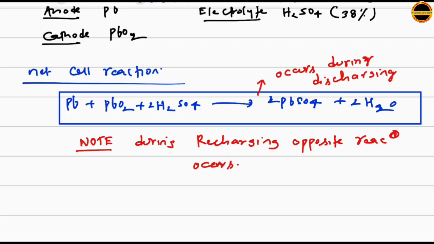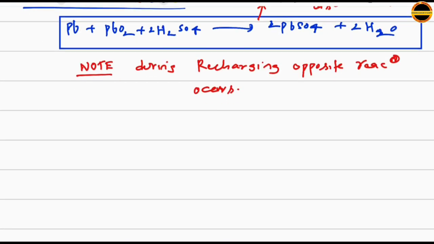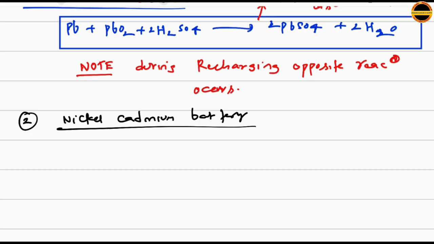Okay. Next, moving to another cell, the nickel cadmium battery. Keep the heading. The nickel cadmium battery is mainly used in cordless phones. Here, the anode in the nickel cadmium battery is solid cadmium.